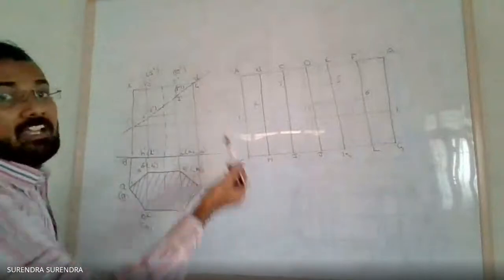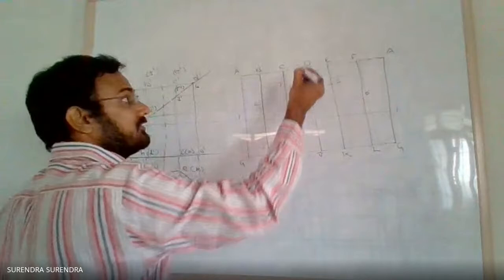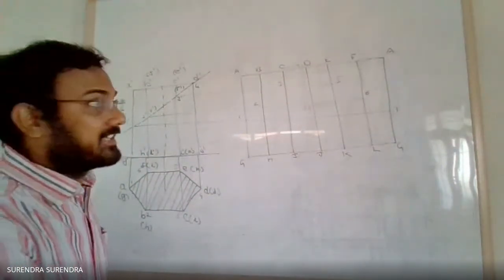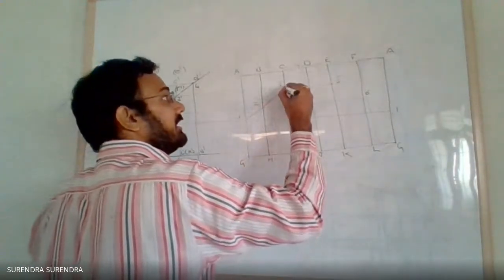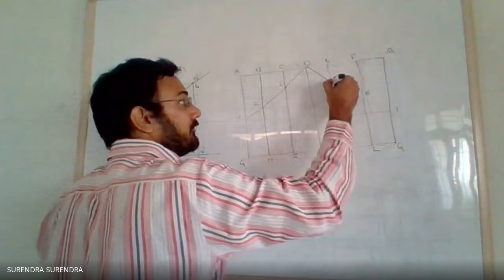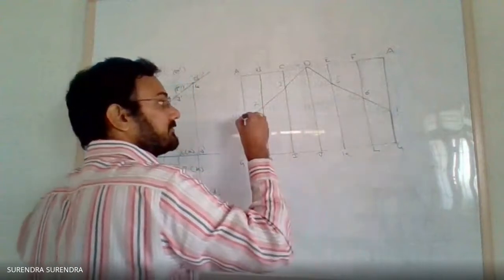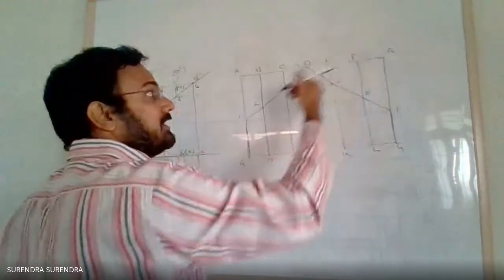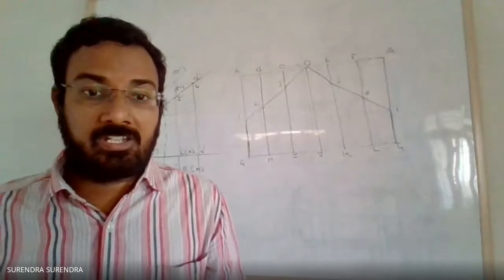Point 4 is coinciding with the corner D. So this is point 4. Join all these with straight lines: 1 to 2, 2 to 3, 3 to 4, 4 to 5, 5 to 6, 6 to 1. Highlight only the retained part, meaning only the bottom part, and leave the upper part with 2H. I am showing it in the presentation.